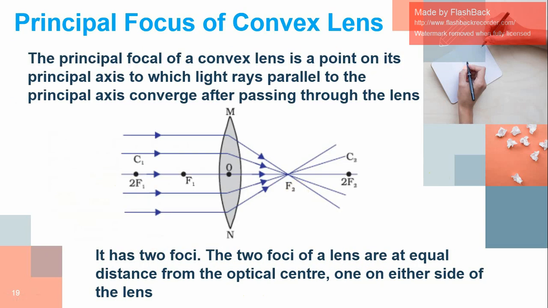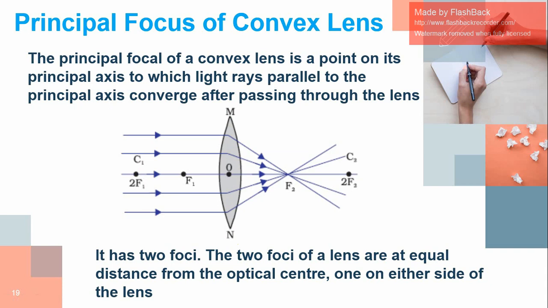Next, the principal focus of a convex lens. Let us consider MN is a convex lens. Light travels from infinite distance, that means it is parallel rays. Here we consider sunlight as parallel rays because the sun is placed at an infinite distance.